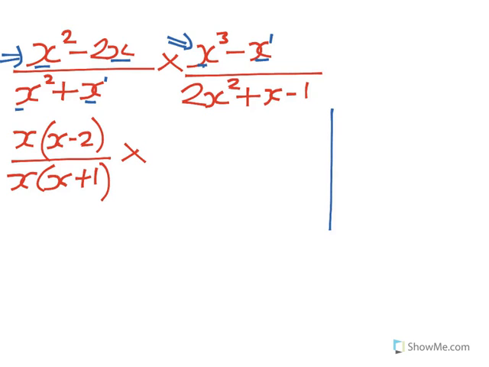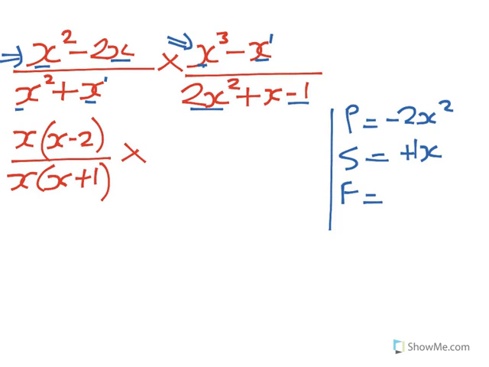And when we are factorizing the bottom, remember, the product is minus 2x squared, and the sum is equal to positive x. So we are looking for a number which when you multiply you get minus 2x squared, when you add you get positive 1x. And from here the two factors are positive 2x and minus 1x.